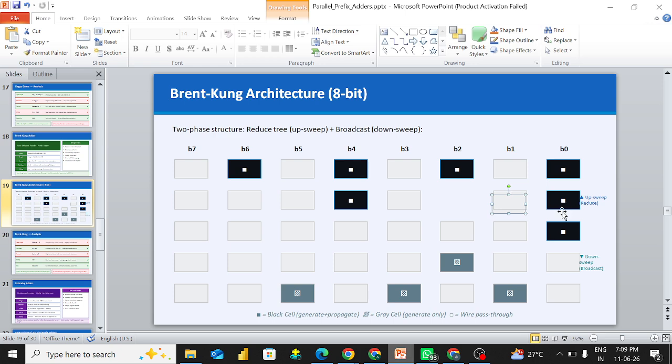So the down sweep is nothing but the carries that are generated in each step getting distributed like this. This carry is going to distribute like this and keep on going, okay, until for 8 bits you get an 8-bit carry, right? So like that, the carry gets distributed, okay. I hope everyone got my point.